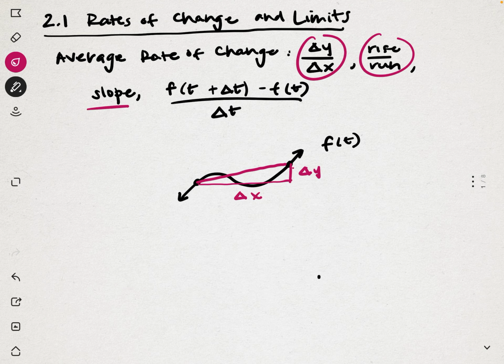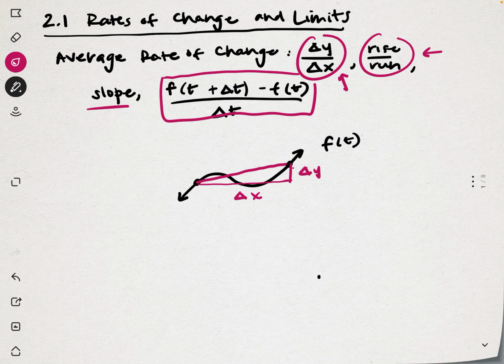Now, this form here, f of t plus delta t, which is the change in time, minus f of t, over delta t, that's what we're going to be looking at. So it's really complex, but it's just another form of this change in y over change in x, or the rise over the run. It's just in a different form. And the reason why we use the delta t is because we're trying to take that and make it equal to 0. But we'll talk about that a little bit later.